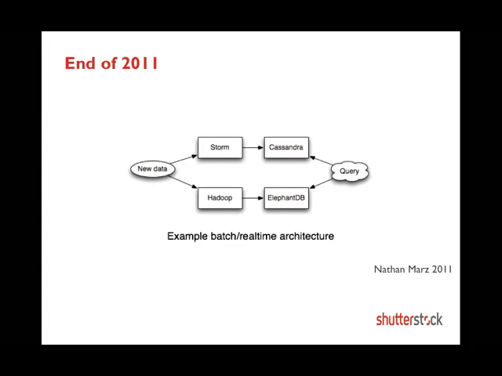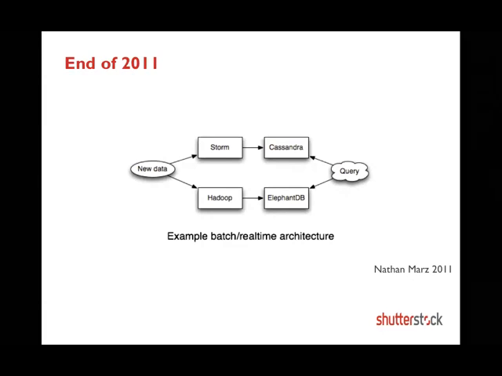And it really continues to go back to that original thing: users want to know, especially now and as the world goes forward, what's happening now and what happened 1, 2, 3, 4 months ago. So you see that ElephantDB route is in front of Hadoop because Hadoop's not fast enough.